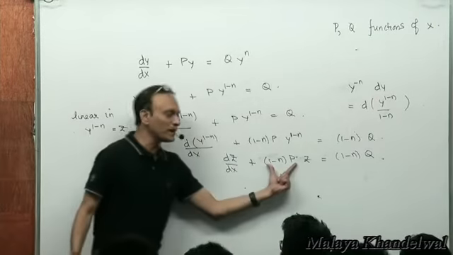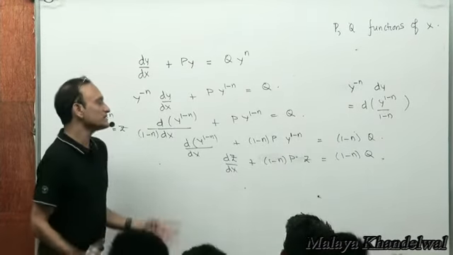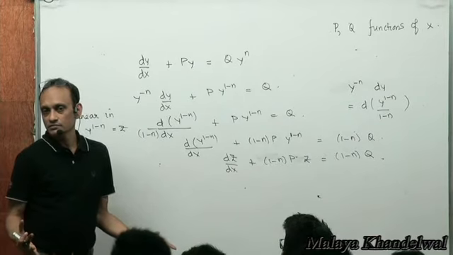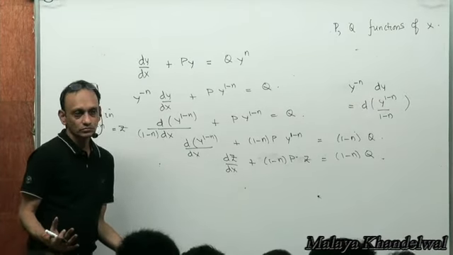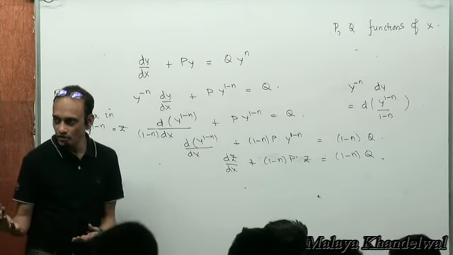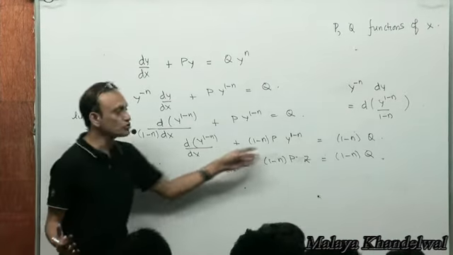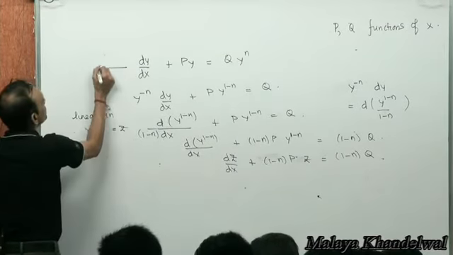The new p is 1 minus n into p. The new q is 1 minus n into q. And same form, it's a linear in z. You can get going with this. Yes or no? It's reduced to a linear form. This form is reduced to a linear in z. And this form is called the Bernoulli's form.